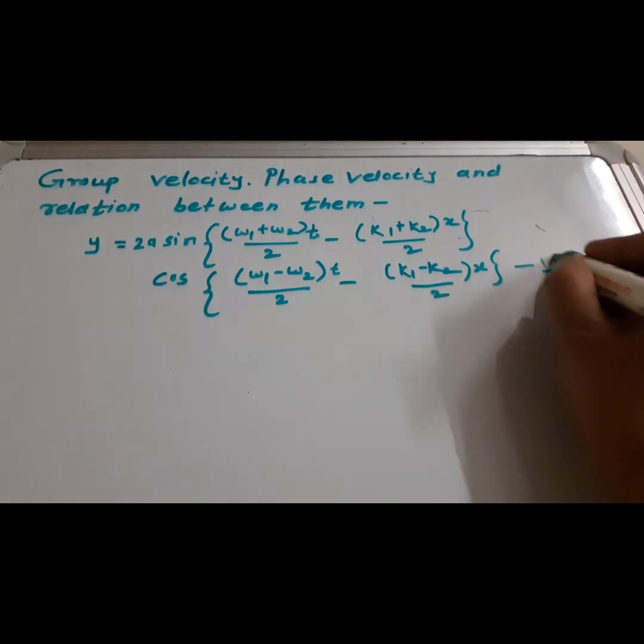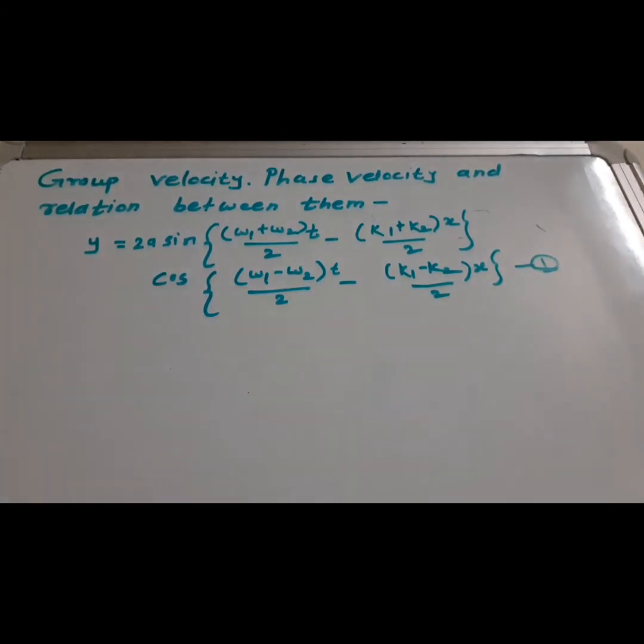This is equation 1. This equation represents a wave system of modulated amplitude. Now we have to simplify this equation for the modulated form.